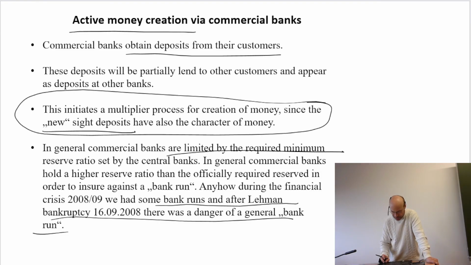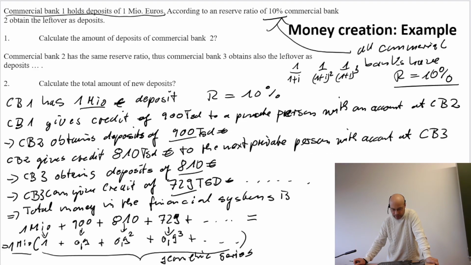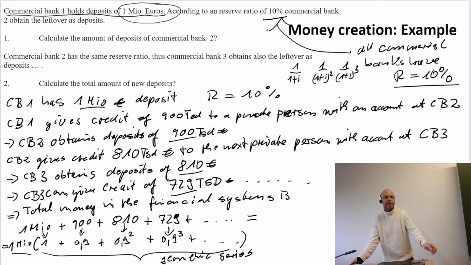And the function of this was quite easy. We say, well, of course, there starts more or less one bank with deposits of 1 million euros in our example, and then they had some reserve requirement.